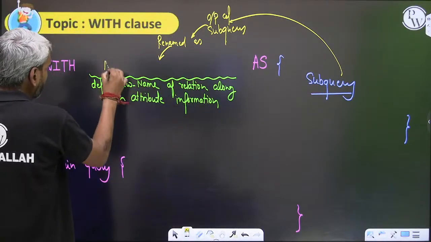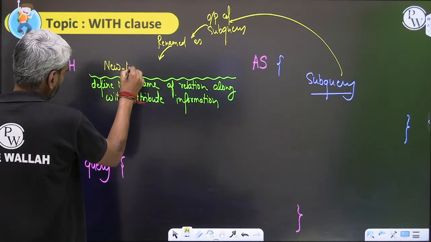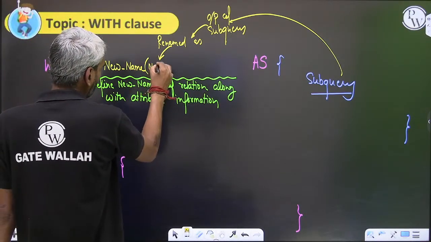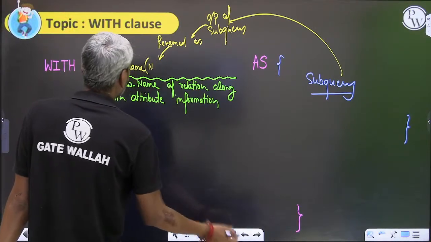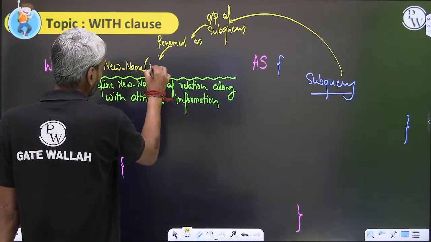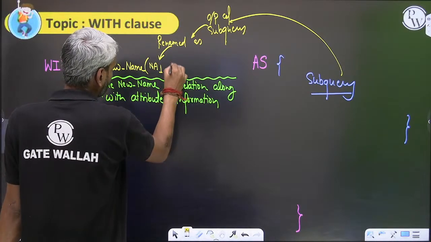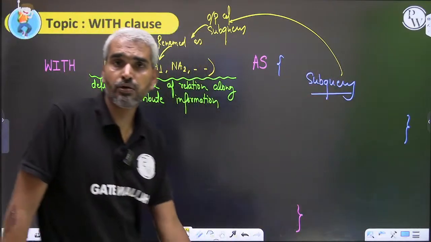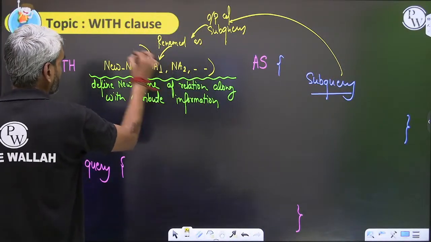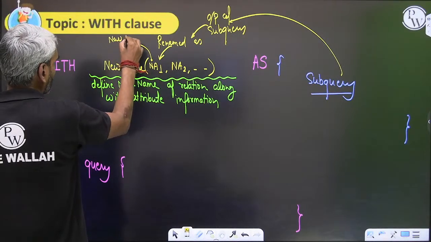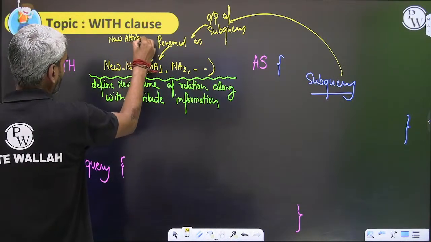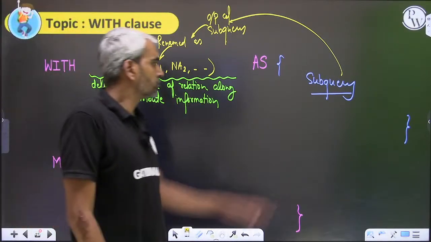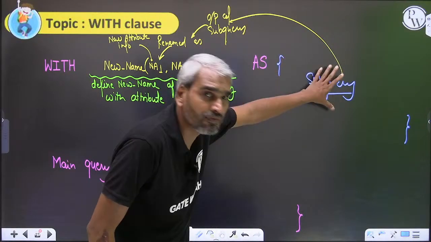So you have the new name, which you have defined, new attribute 1, new attribute 2, and so on. Whatever attributes are present in the output of the subquery. So you will have a subquery. The subquery will execute first.